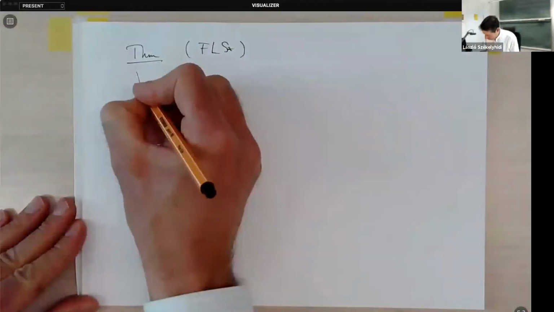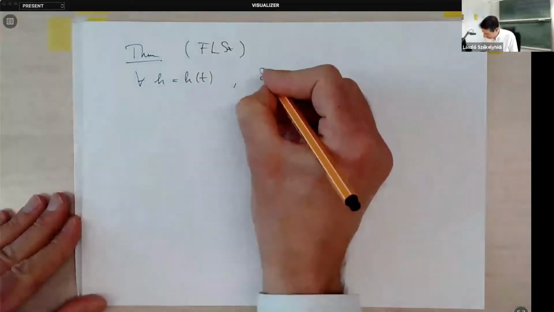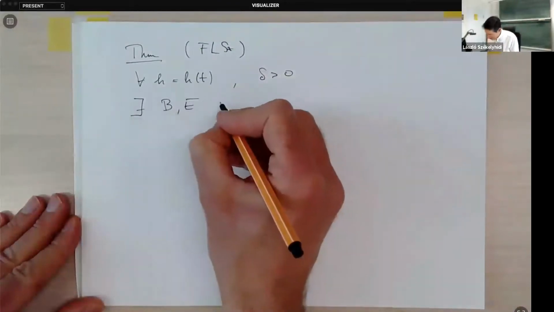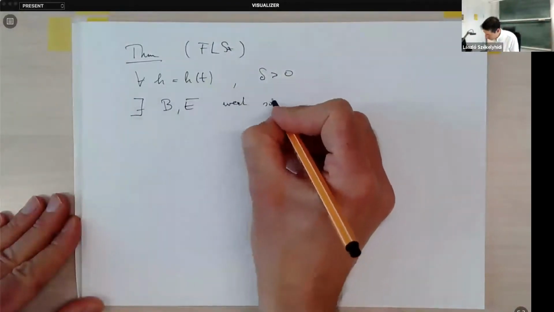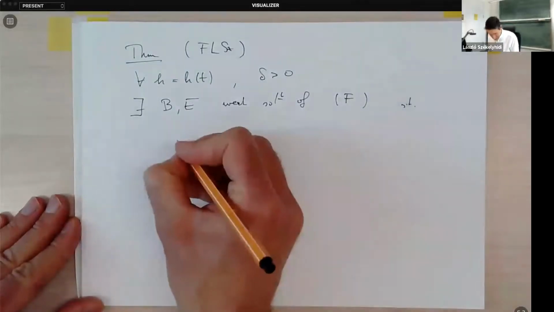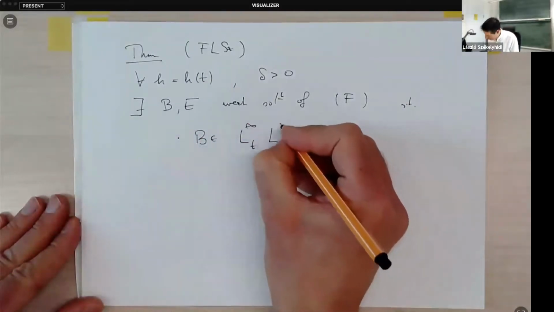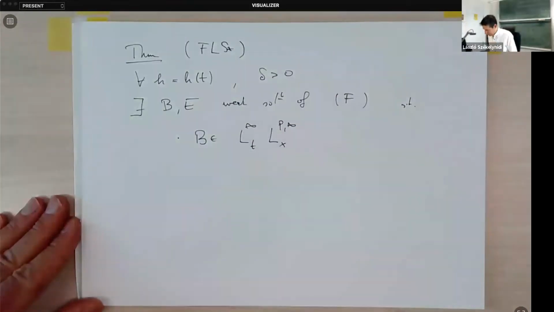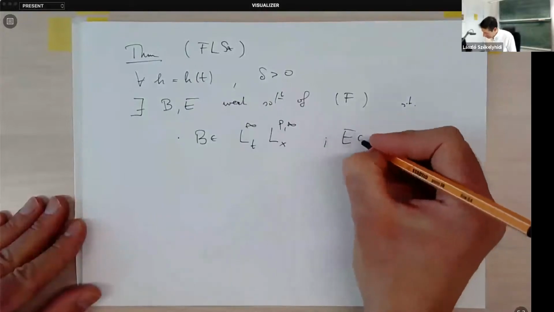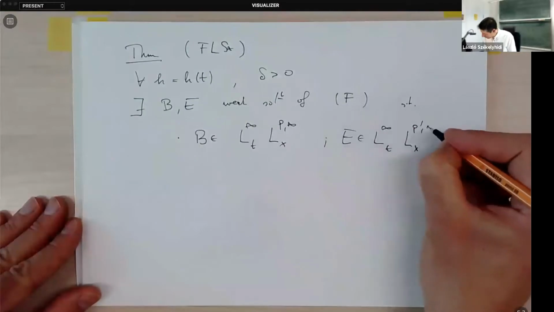For all functions of time, which are reasonable, let's say, I don't want to be too precise here, and positive delta, there exist B, E, which are weak solutions of this Faraday system, such that B is uniformly in time in the weak Marcinkiewicz space L^{p,\infty}, and E is uniformly in time in the corresponding p' Marcinkiewicz space.